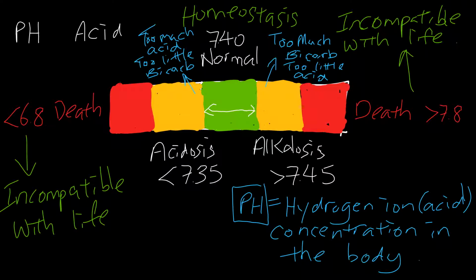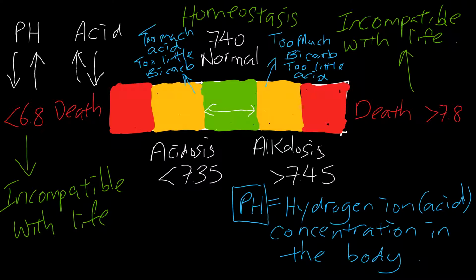All right, I just want to take a few minutes to talk about the relationship between pH and acid. Anytime you see the pH decrease, it means the acid level is increasing. And when you see the pH level rise, that means the acid in the body is decreasing. So they have an opposite relationship.